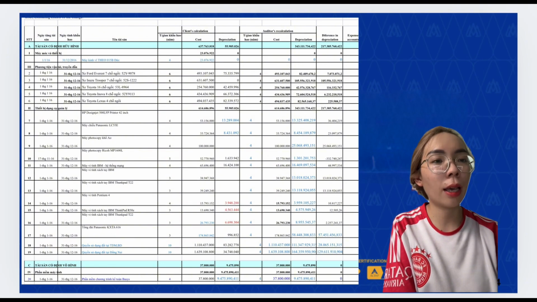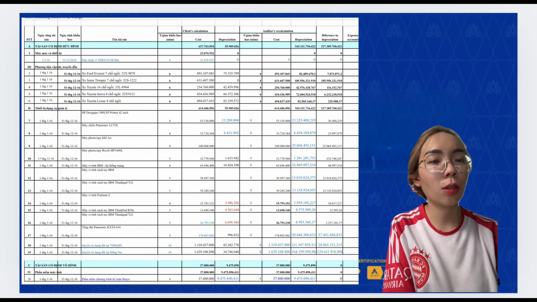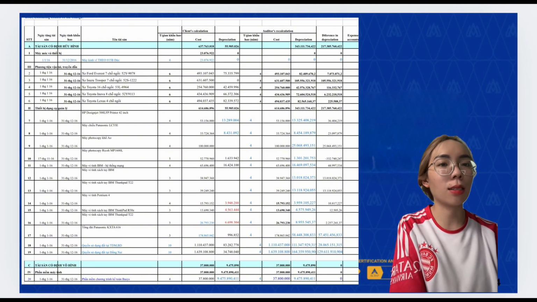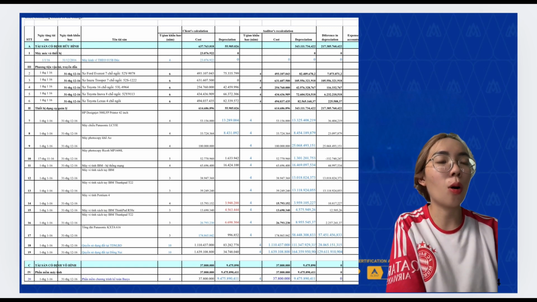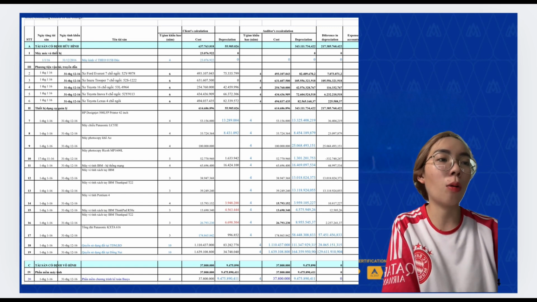They use accounting software, so the depreciation fully matches between client and audit, so there are no discrepancies. After the review and examination, no significant errors or discrepancies were found.